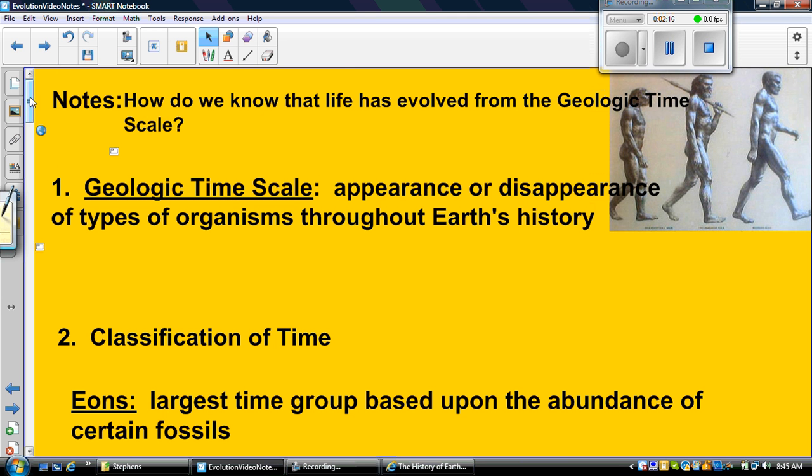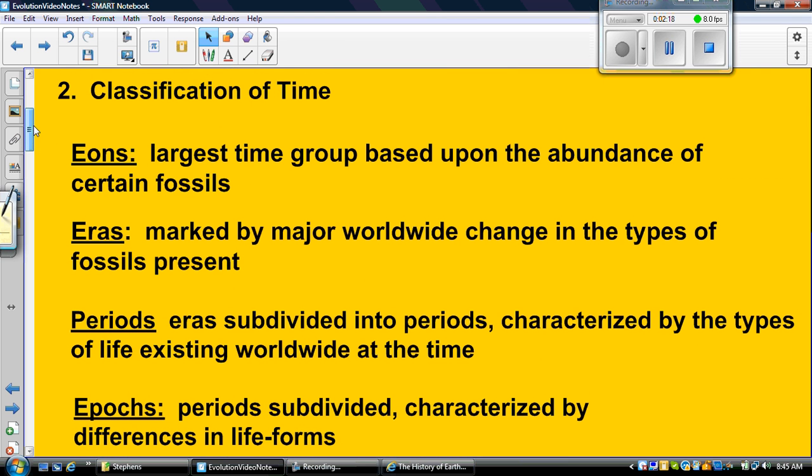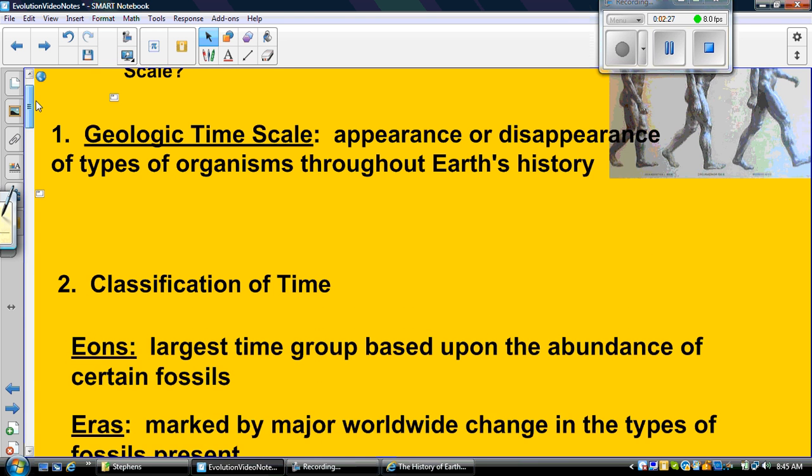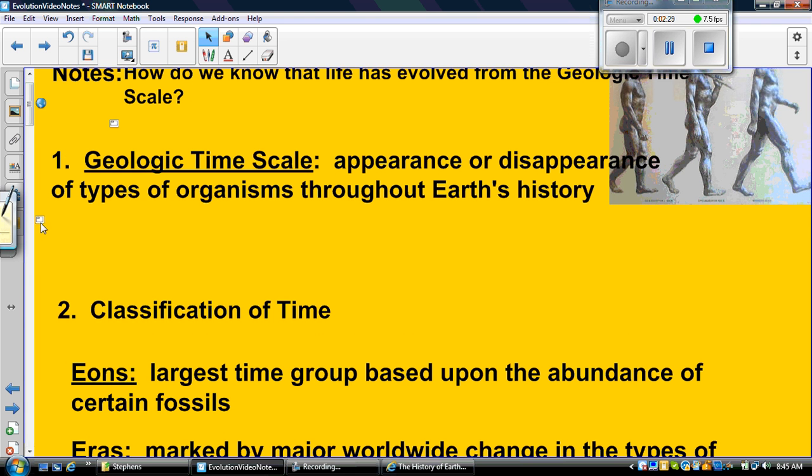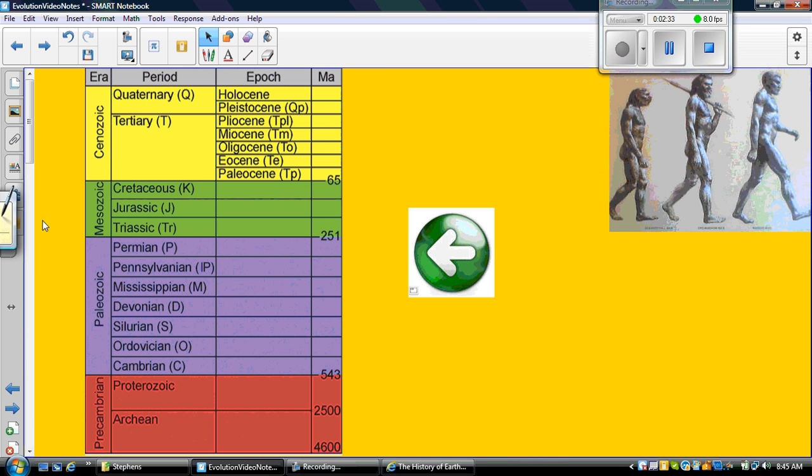Okay, so how do we classify the time on the geological time scale? Eons are the largest time group based upon the abundance of certain fossils. So if we go back to the geological time scale, there we go. The Precambrian is an eon. Even though it's under the era, it's actually an eon.